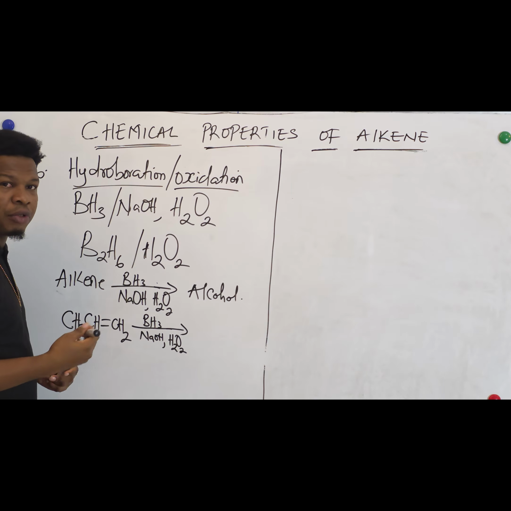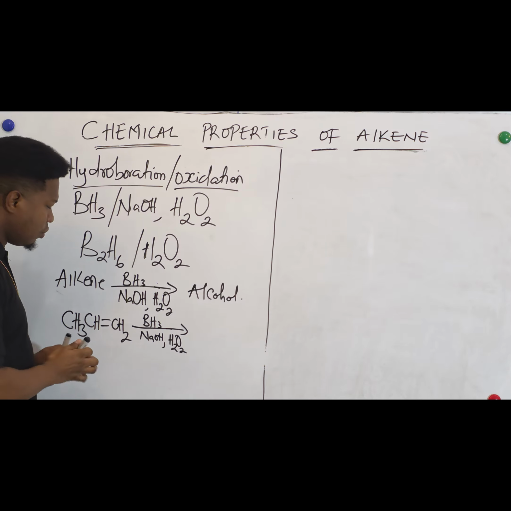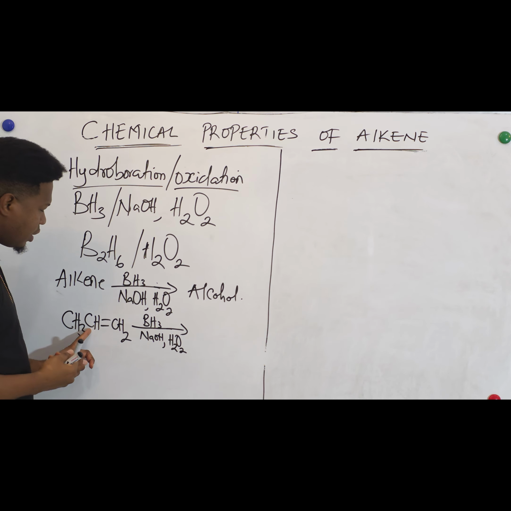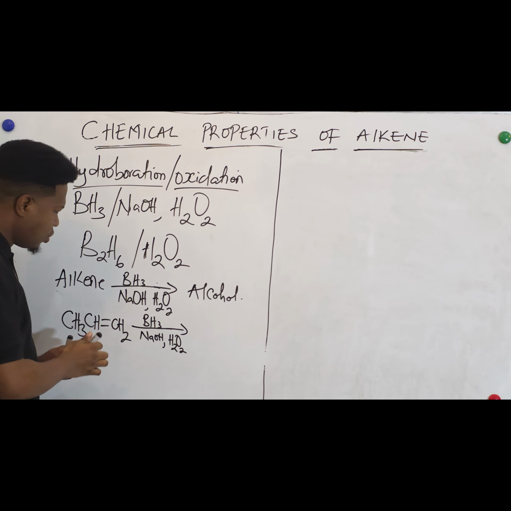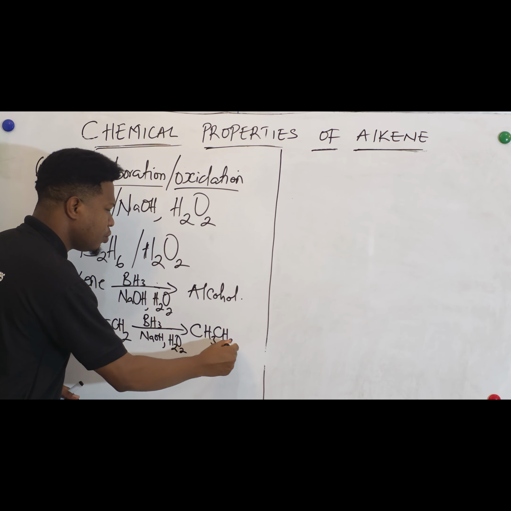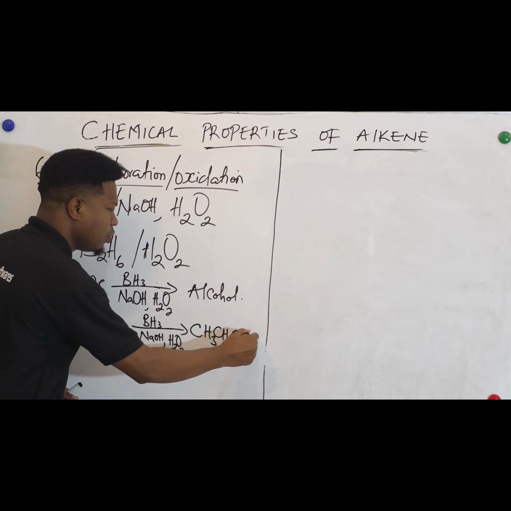So remember what happens when water is added following the anti-Markovnikov's rule. The hydrogen in the water will go to the carbon that has less hydrogen. That's for anti-Markovnikov. So hydrogen will go to this carbon, okay? Then the OH will go to this carbon. So I'm going to have CH3, CH2, CH2, OH.